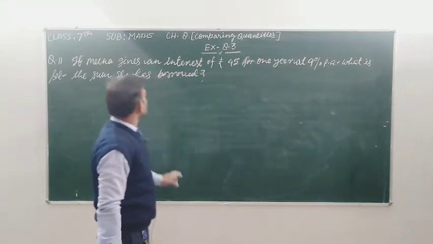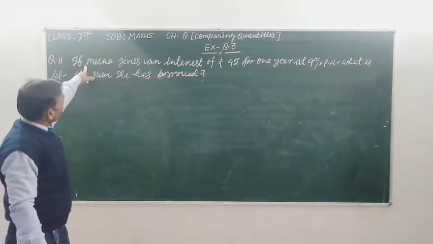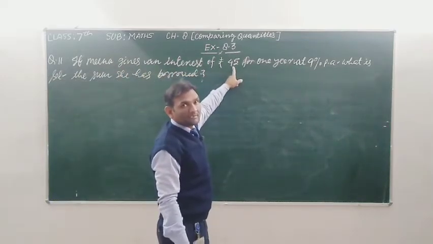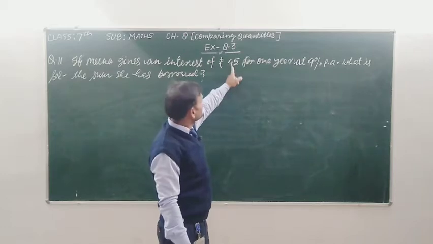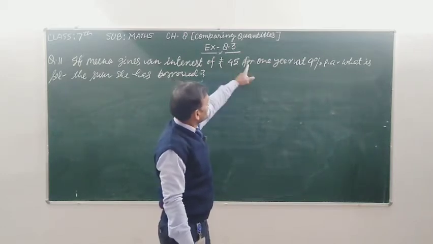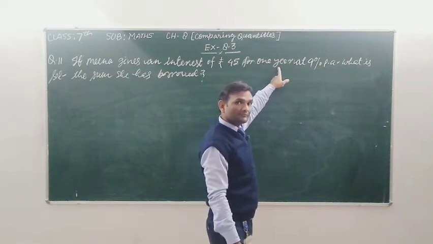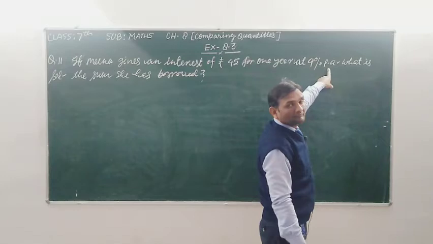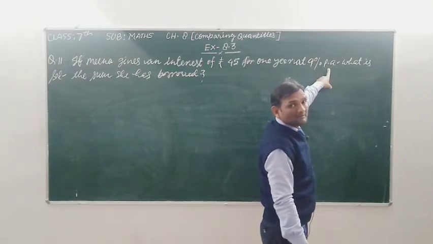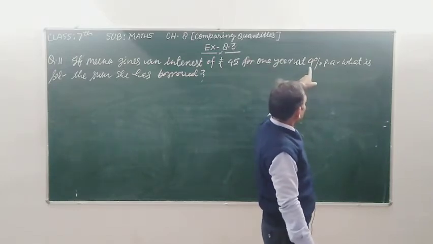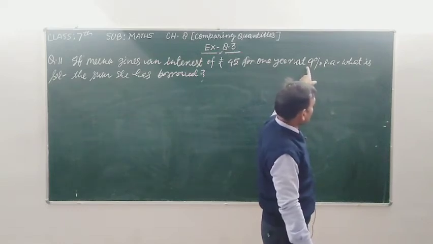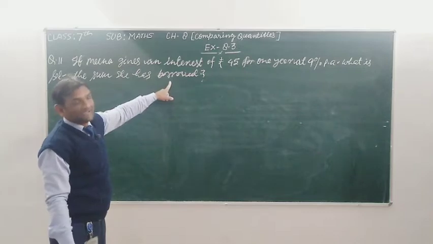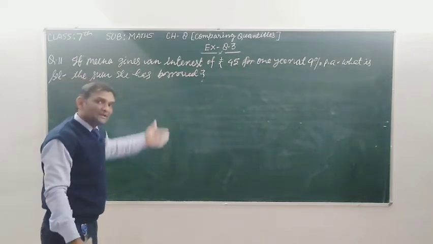Student, firstly try to understand the meaning of the question. If Meena gives an interest of rupees 45, SI interest is 45. For 1 year, this time is 1 year, at 9% per annum. Means this is R, the rate. What is the sum she has borrowed? It means the question is asking me principal.